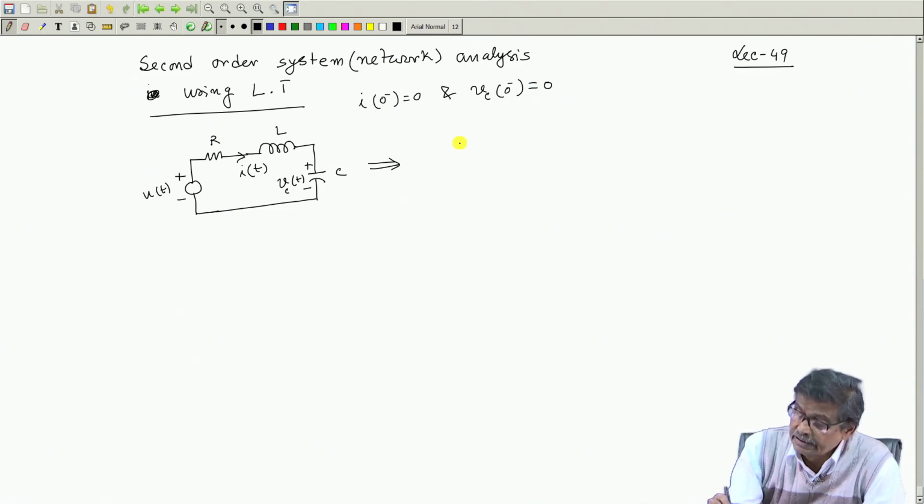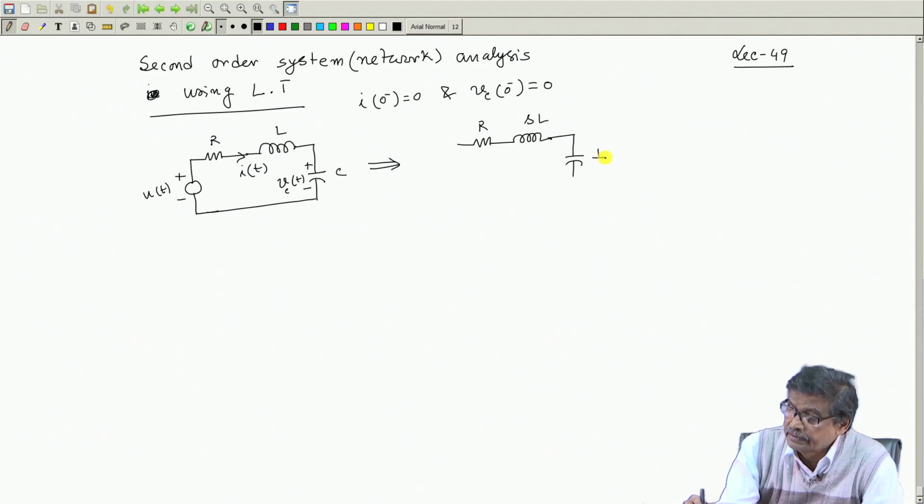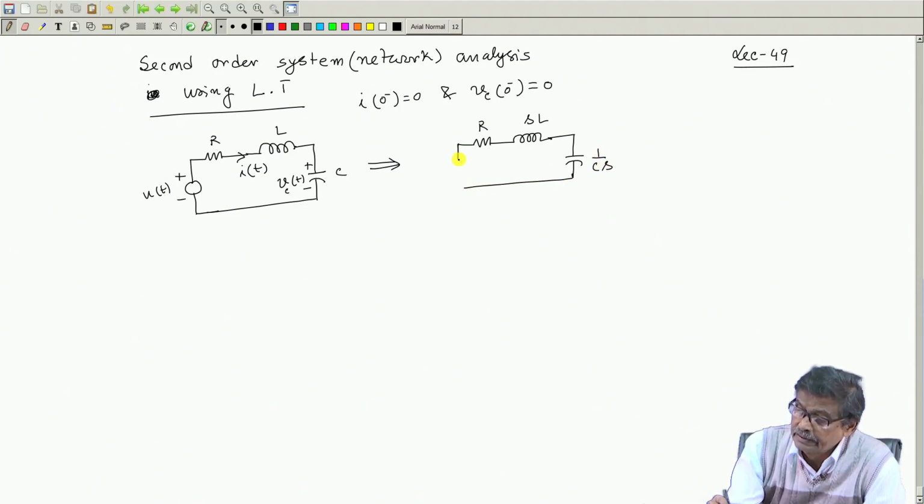So, the circuit is redrawn like this: R, sL, and then you have 1 over Cs, and here the Laplace transform of the voltage, which is a unit step, so 1 over s.